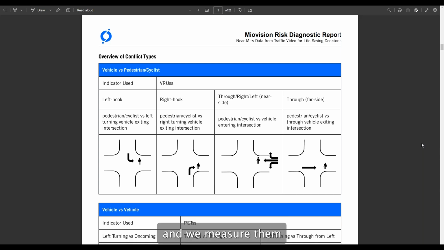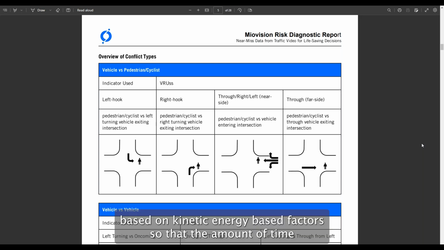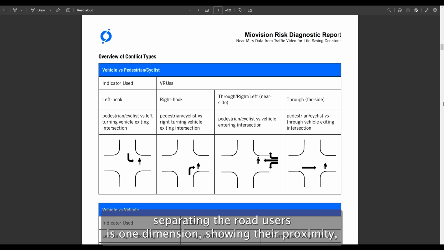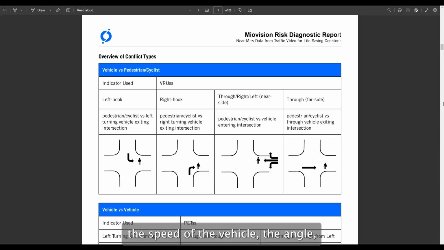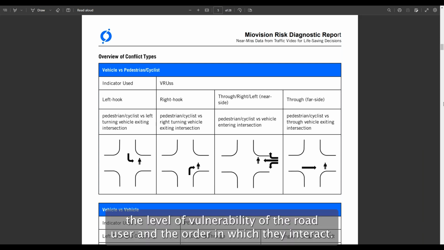And we measure them and classify their speed threshold or their threshold of risk based on kinetic energy based factors. So the amount of time separating the road users is one dimension, showing their proximity. The speed of the vehicle, the angle, the level of vulnerability of the road user, and the order in which they interact.